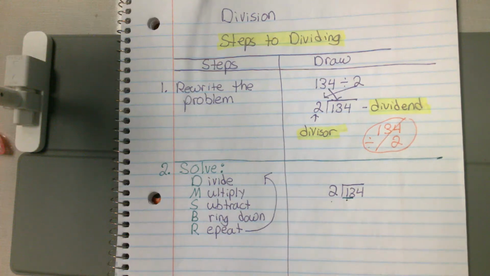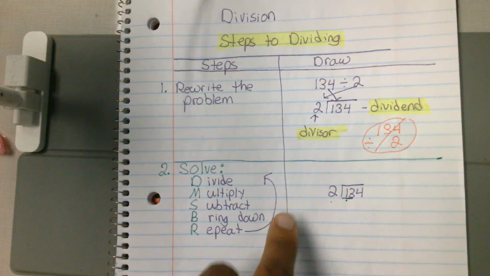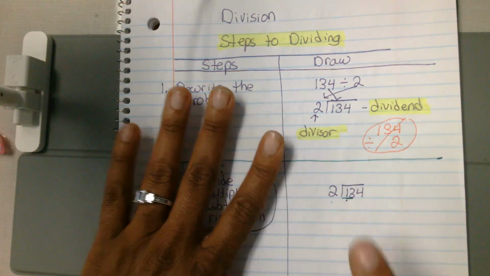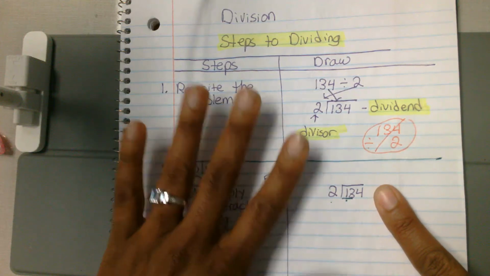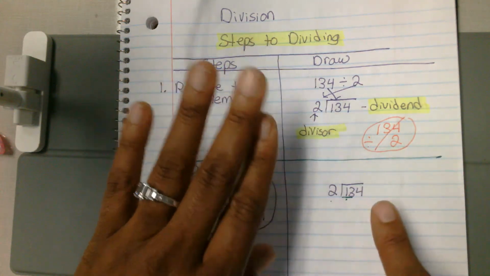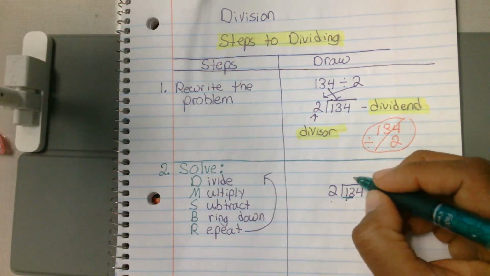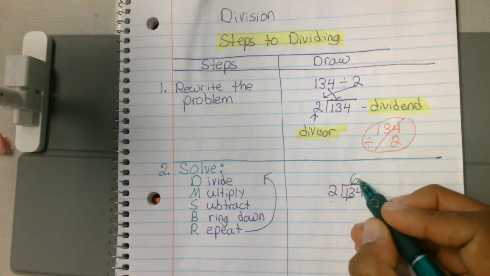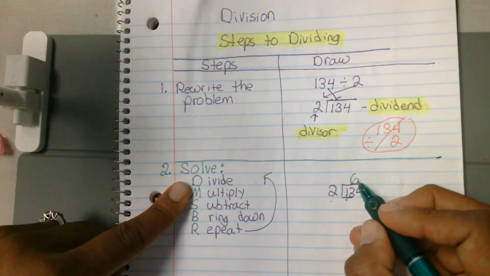Yes. So I have to think, how many groups can I count? We can count by 2s: 2, 4, 6, 8, 10, 12. I may not go over, so I have 6 fingers up. That means it can go in 6 times. I'm going to put that 6 up at the top. So there is our division.